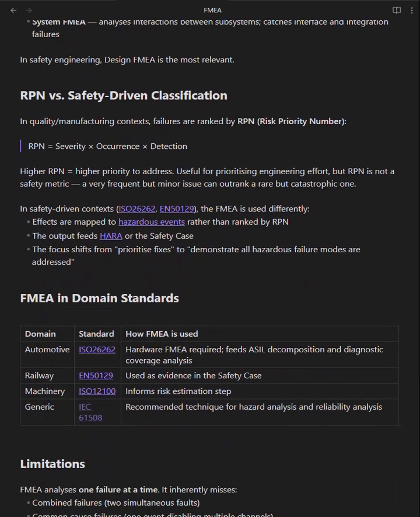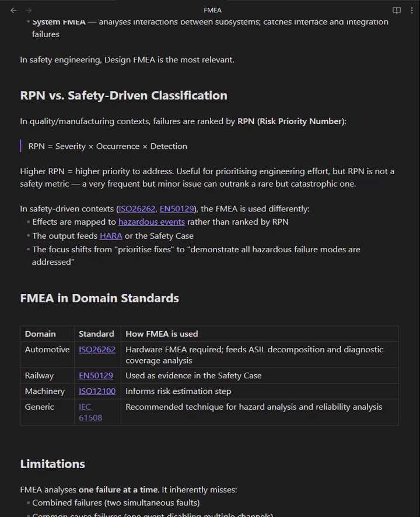And then we look more into specific domains. As I mentioned, in automotive, the output of the FMEA would feed into the HARA, and then would assign an automotive safety integrity level decomposition, and use it also to produce some diagnostic coverage as we move on with the hardware. For railway, it's used as evidence in the safety case along with FTA.